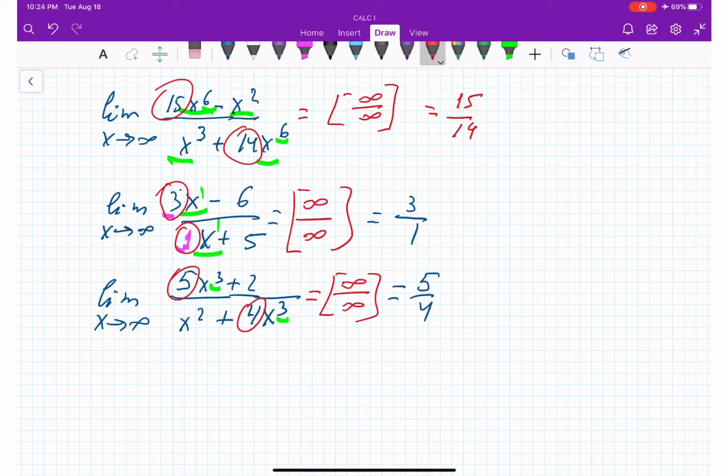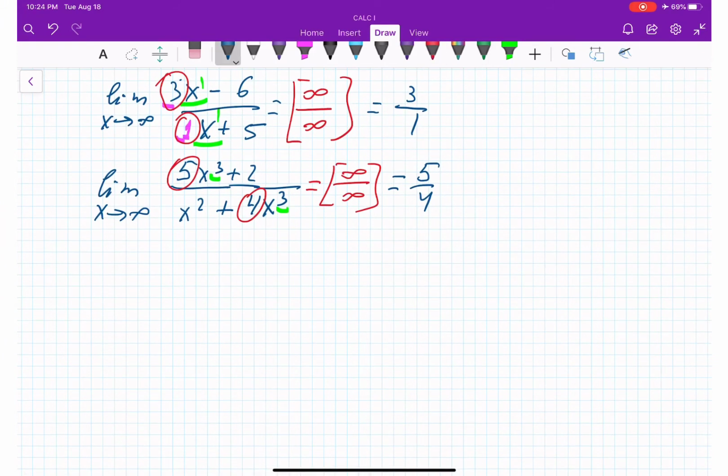Okay, now let's take the case when they are not equal. The highest degrees of the variables in numerator and denominator are not equal. What are we going to get in that case?